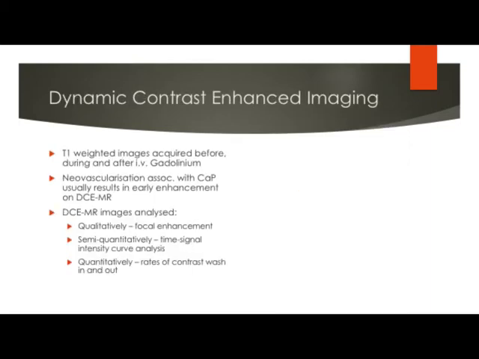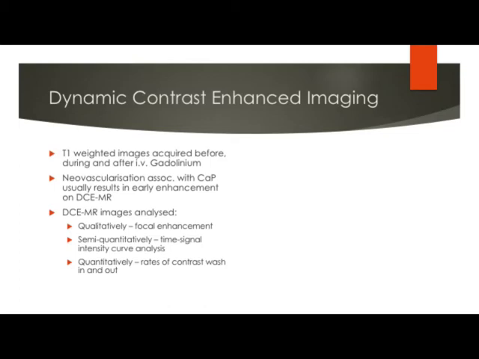Dynamic contrast enhanced imaging, I think the key here is dynamic. T1 weighted images are used, and contrast is given, usually gadolinium, before, during and after the scan. Again, we've talked about the neovascularization in prostate cancer, so normally you would see early enhancement, which is a hallmark of dynamic contrast enhanced imaging, and it can be assessed in three different ways.